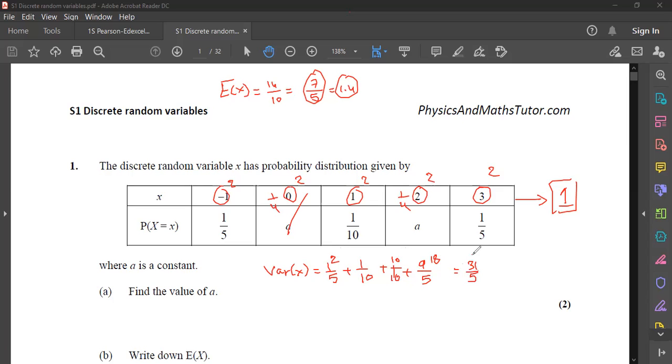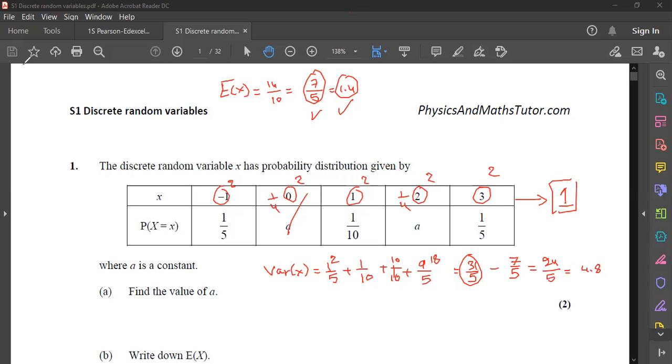That's your first part of the variance, minus the mean squared, which is 7 over 5 squared. That's why I wrote it in two forms so we can easily subtract now. 31 minus 7, that's 24. So 24 over 5, that equals 4.8 in decimal.